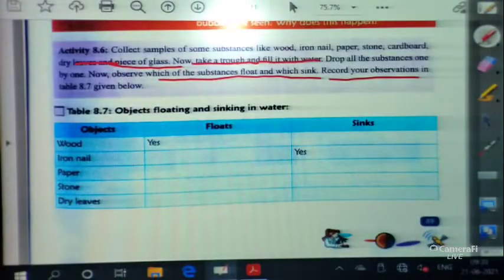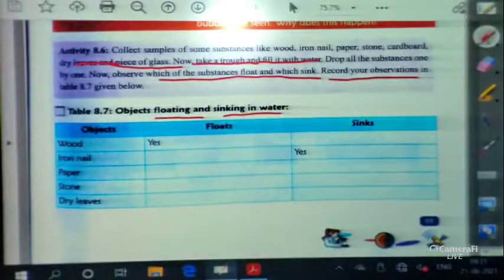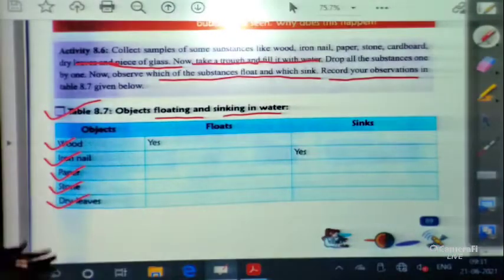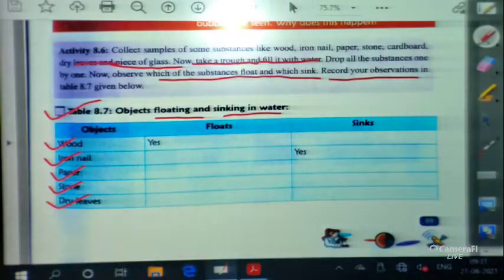So this is, students, our next property, that tells us whether the objects float or sink in water. So let us discuss. In table 8.7, five objects are given: wood, iron nail, paper, stone and dry leaves.